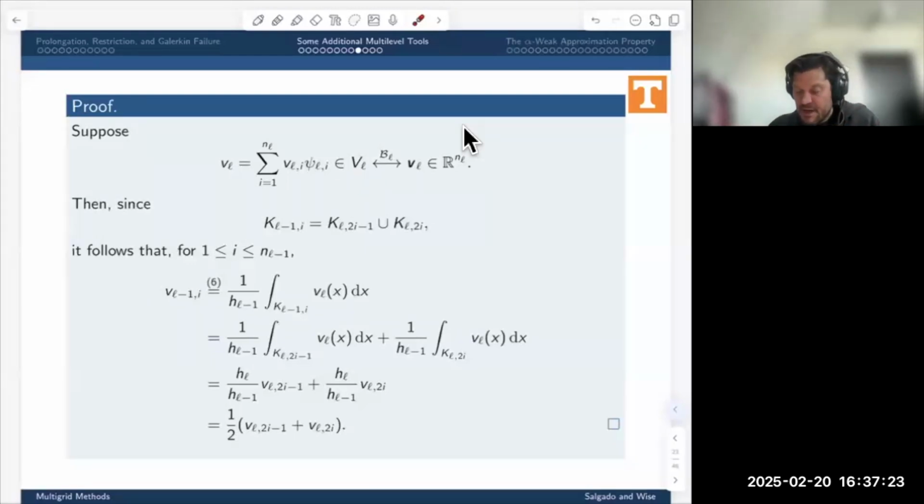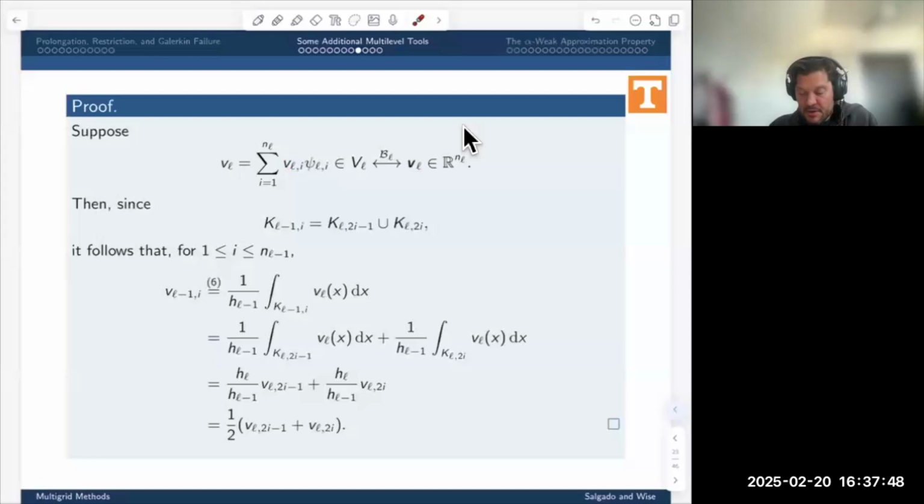It has a representation in the basis BL using those basis vectors that looks like that. So its coordinates are precisely what we gather into this coordinate vector.